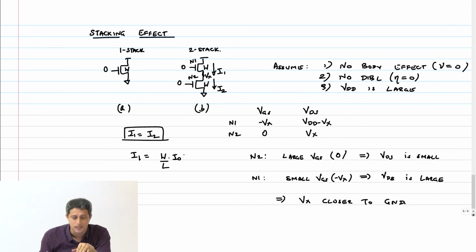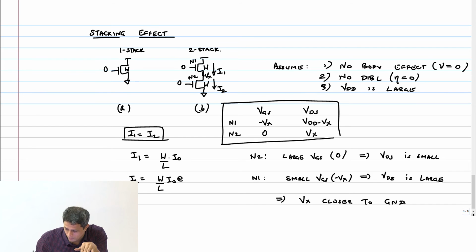So now let us write down these current equations. I1 is going to be, or let's write I2 first because it's easier. I2 is W by L I naught e power, what is VGS? Look at this table, 0, so it is minus VTN by phi t.